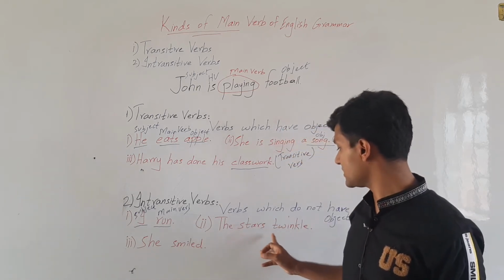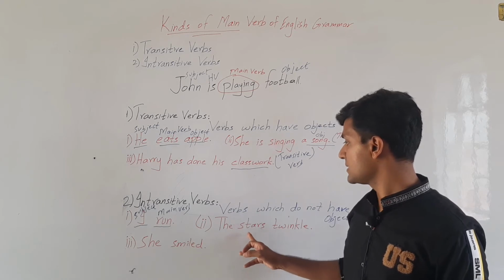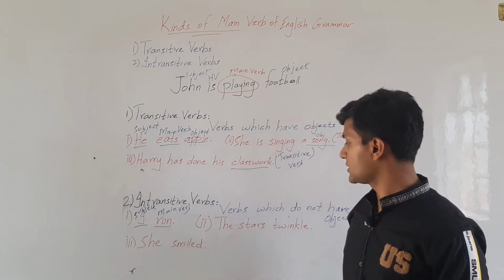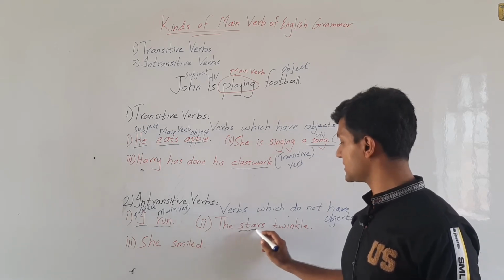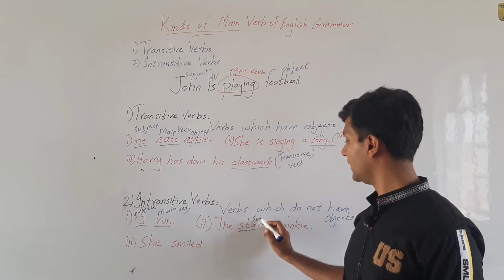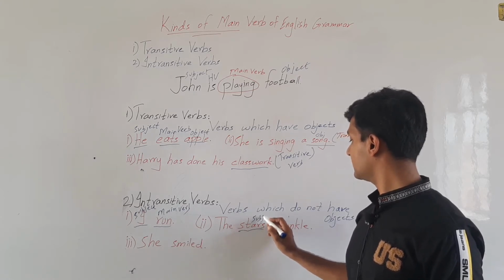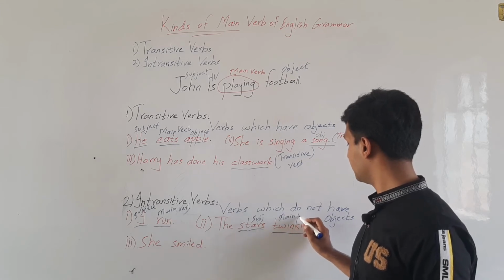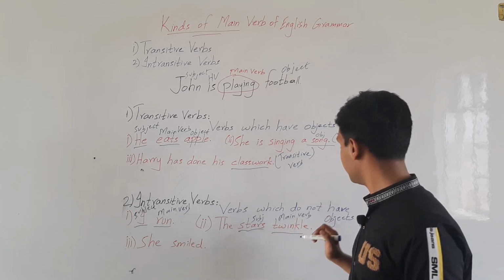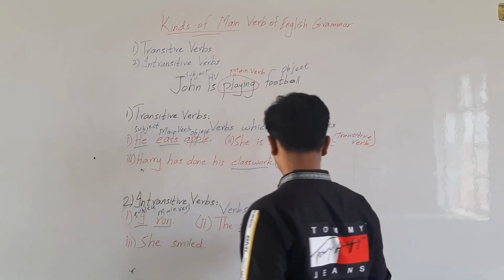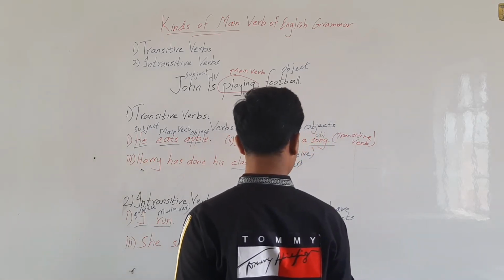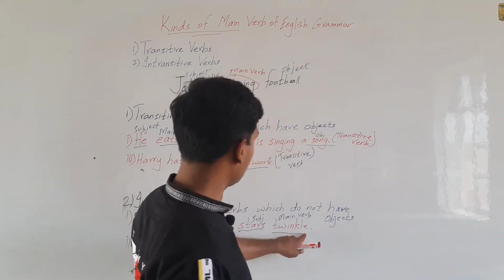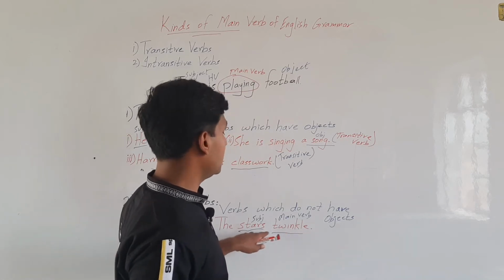Then, the stars twinkle. Stars is the subject, and twinkle is the main verb, but here we have no object after twinkle.